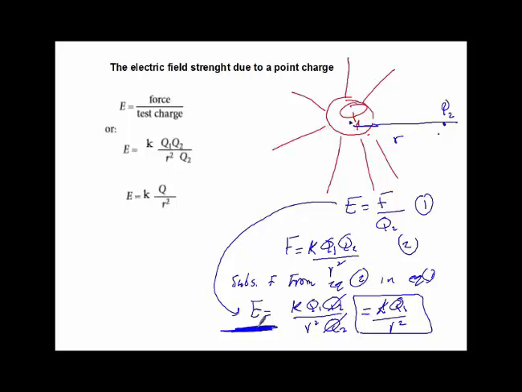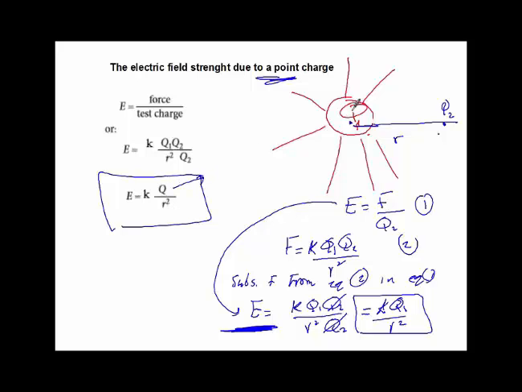You have to be very careful here. We are calculating the electric field strength due to a point charge. Where is the point charge that is causing the electric field? This Q1. So it is equal to K Q1 over R square. In general, if we have any Q, we will get KQ over R square.